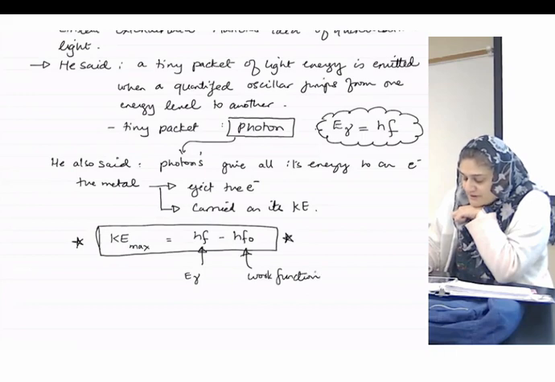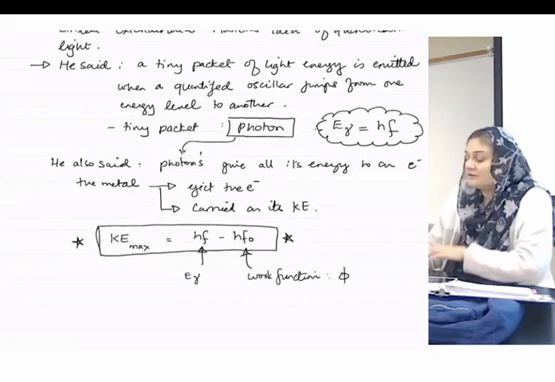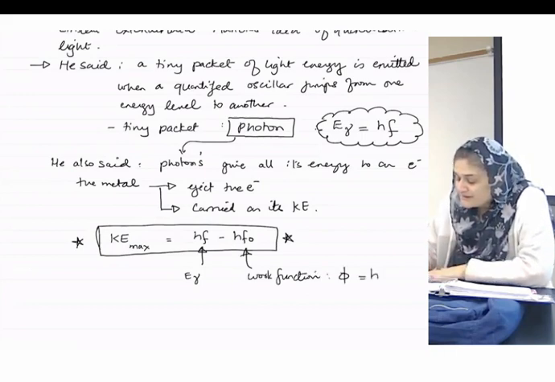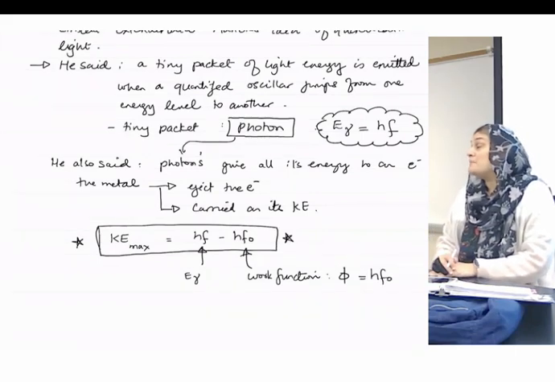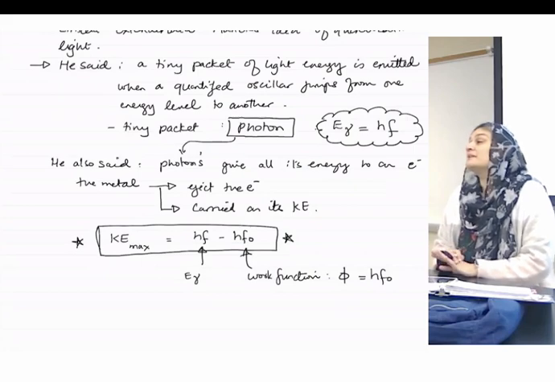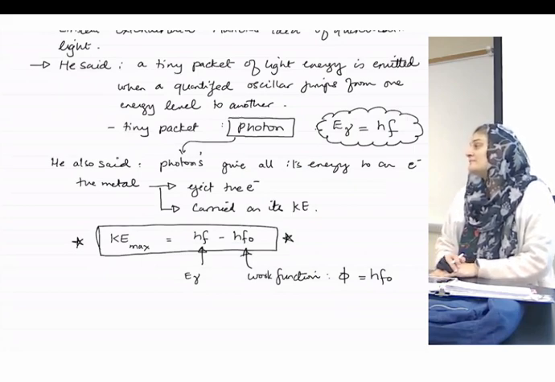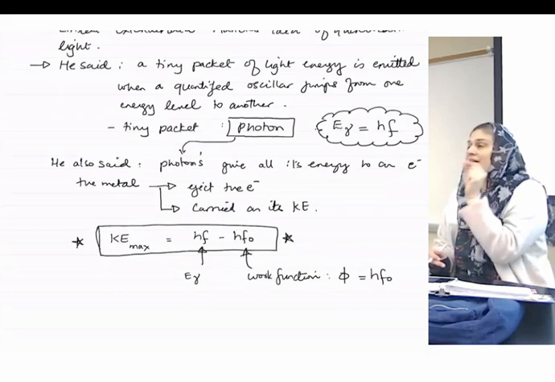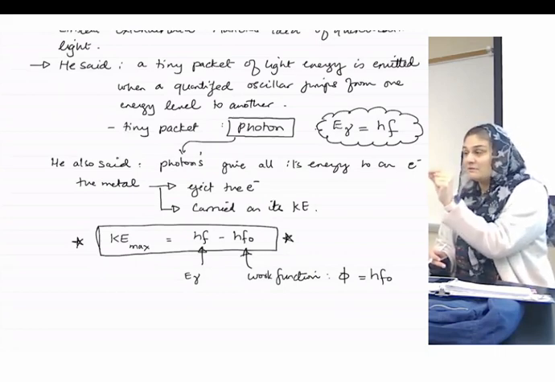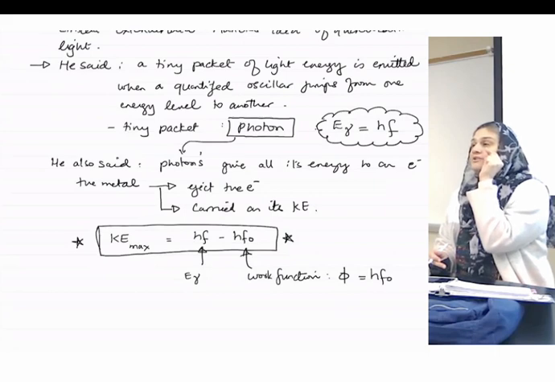And what is the work function? Usually called phi. It is the minimum energy that the initial photon must have to liberate the photoelectron. If your incoming light only has energy equal to hf0, it will have zero kinetic energy.